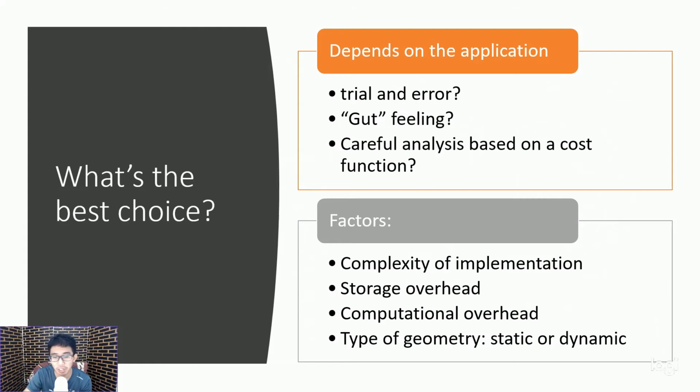The factors you need to consider: complexity of the implementation. How complex is it? For games, we don't need some sort of complex algorithm. Storage overhead: you need to check how many objects are in the simulation, 10,000 objects, millions of objects. And then computational overhead, your cost of the CPU. Can it handle it? Then the type of geometry, static or dynamic.